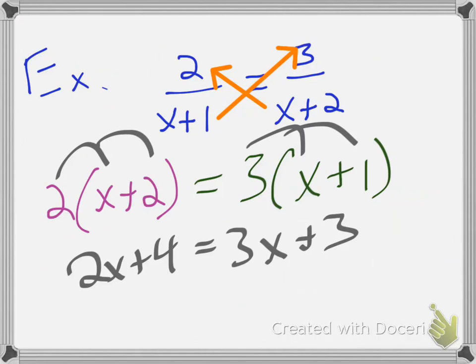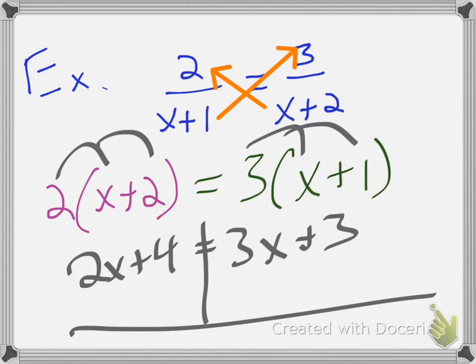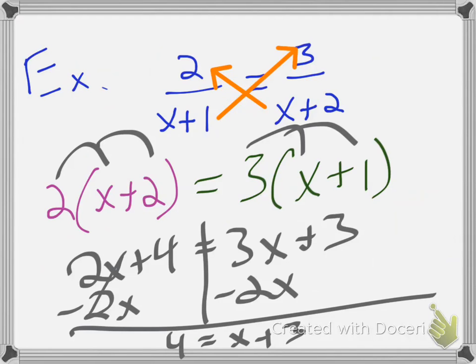And now it's just like solving an equation with variables on both sides. Pick on the small guy. We get 4 equals x plus 3. And then when we subtract 3 on both sides, we get x equals 1. That's all there is to it. It's actually a really easy problem.